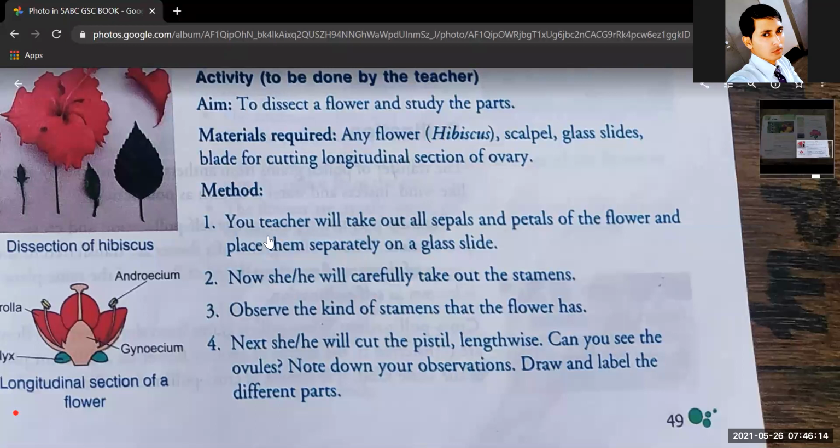Method number one, your teacher will take out all sepals and petals of the flower and place them separately on a glass slide. Now he or she will carefully take out the stamens and observe the kind of stamens that the flower has. Next, she or he will cut the pistil lengthwise. Can you see the ovules? Note down your observations, draw and label the different parts.